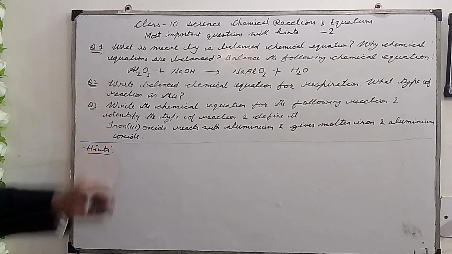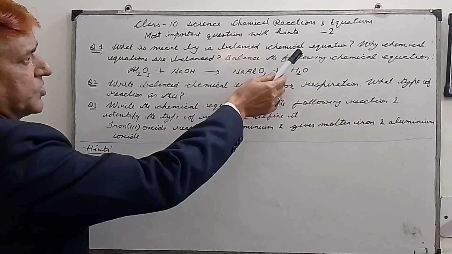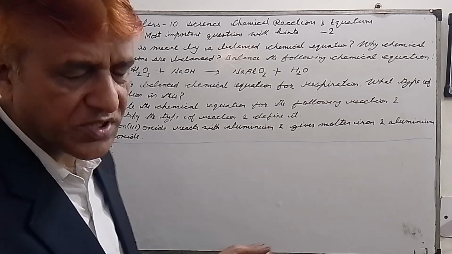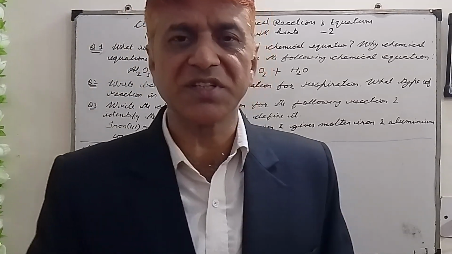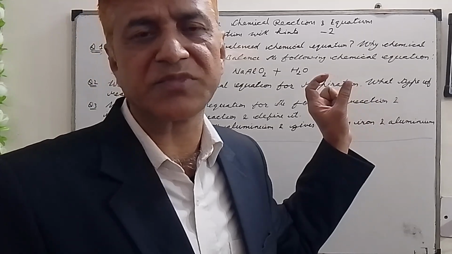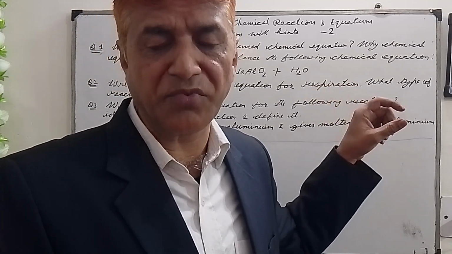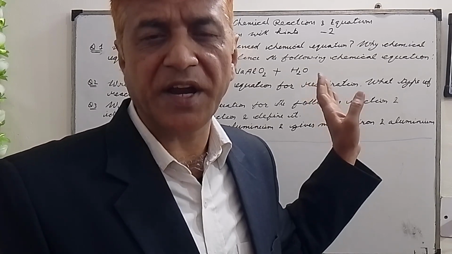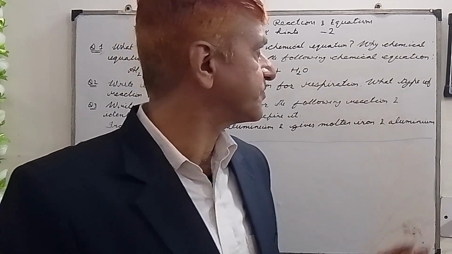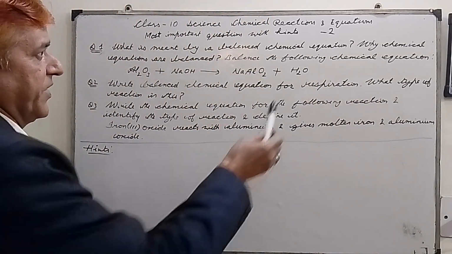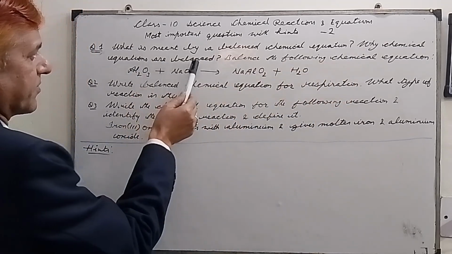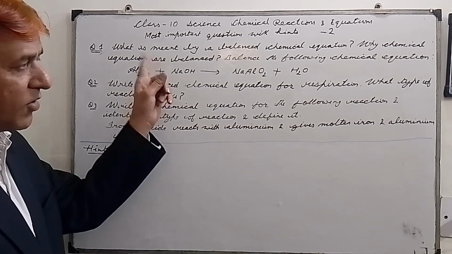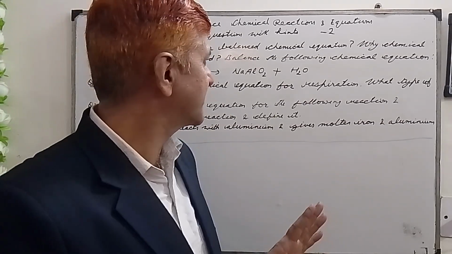So what is meant by a balanced chemical equation? My dear students, a balanced chemical equation is one in which the number of atoms of each element involved in the chemical equation is the same in reactants and products. Why are chemical equations balanced? Chemical equations are balanced to satisfy the law of conservation of mass.